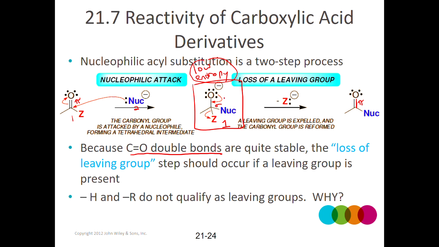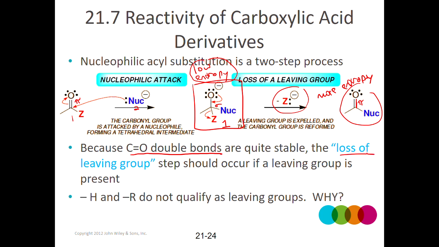And so when electrons swing back in and push out the leaving group, now you're forming two separate structures again. That increases the entropy, and that's the main reason why the pi bond reforms. Because as far as pi bonds go, it's not as unstable as CC double bonds, but still less stable than the sigma bond. But the entropy advantage here helps to drive that process forward.